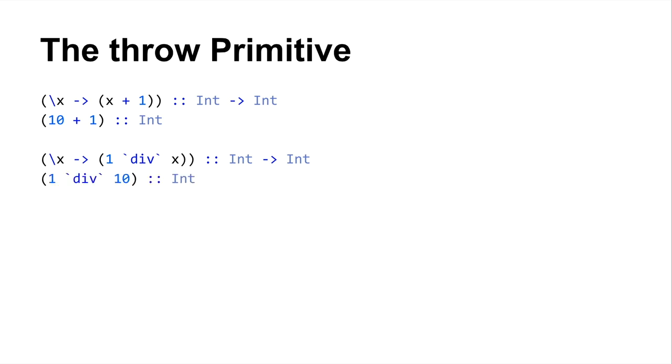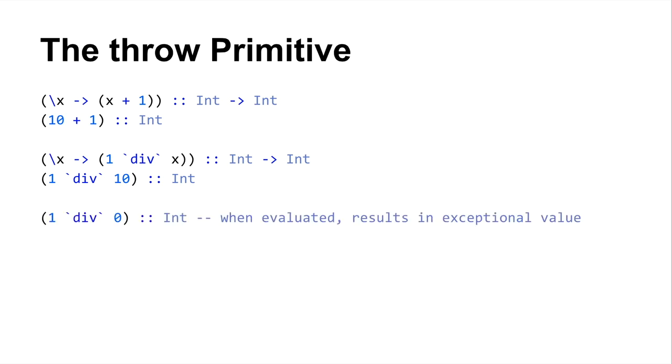If I apply div to the remaining x, if I give div the integer that it's waiting for, now I have an expression of type integer. That totally makes sense. So why wouldn't it make sense that this too is an expression of type integer? There's this exceptional value waiting in there to be evaluated, but from a type perspective, the type of that expression is still integer.